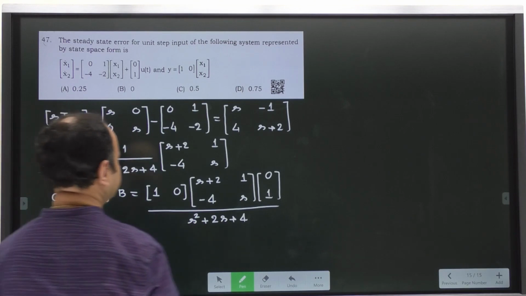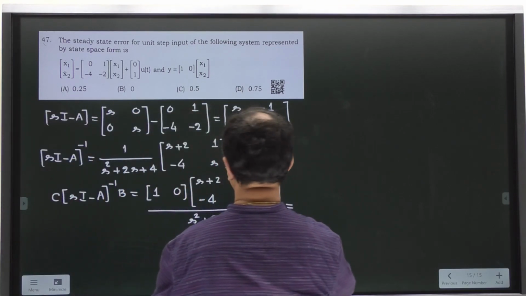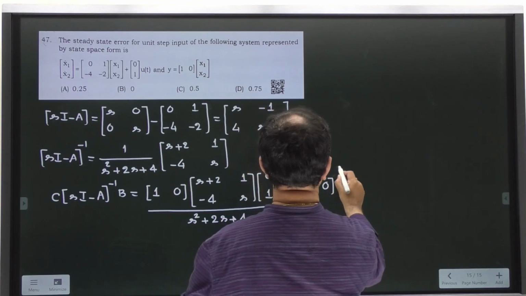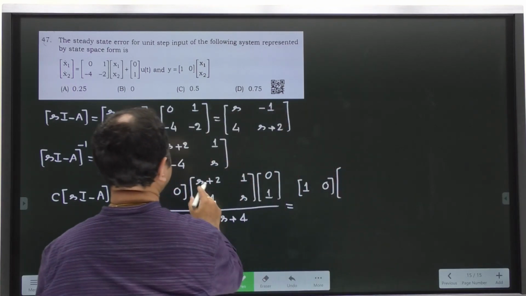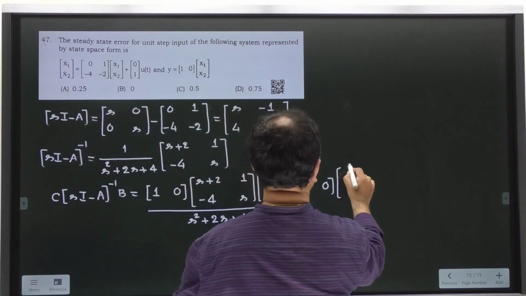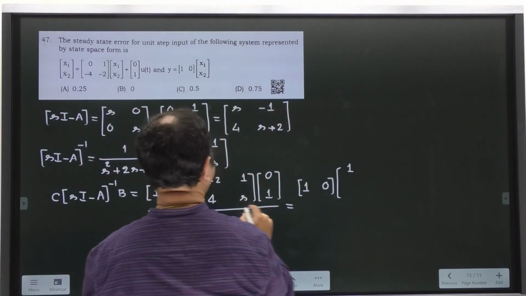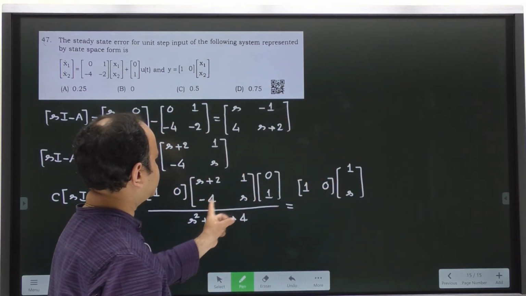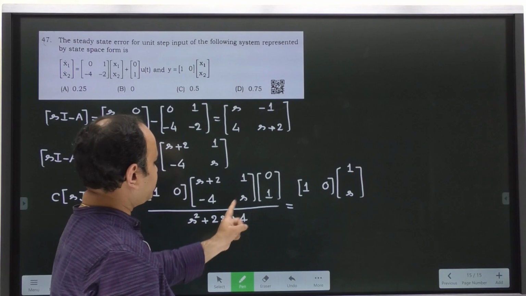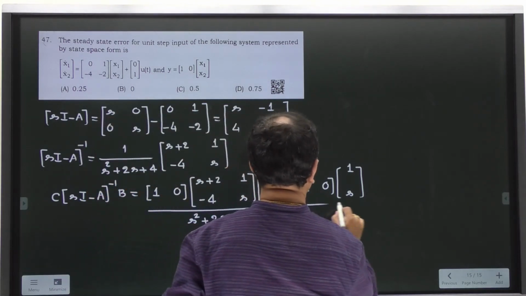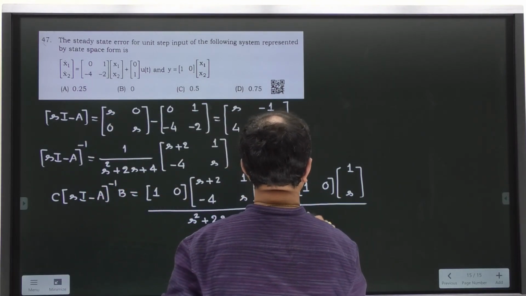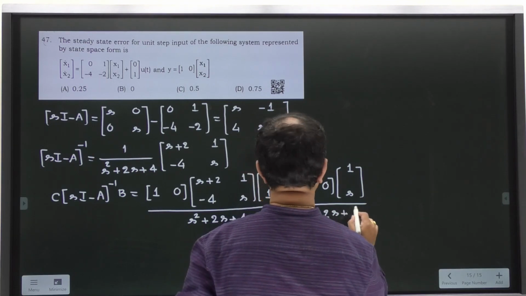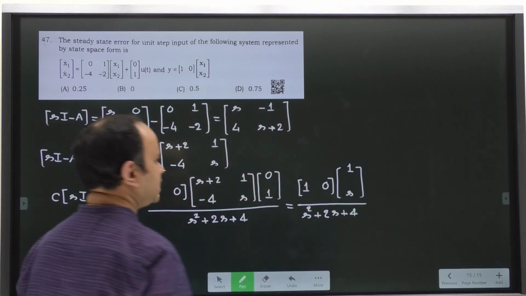Now let us multiply this one: 1 0, and here 0 into 1 gives you 1, 0 into 0 plus 1 is 1, 0 plus S into 1 will be S. Denominator S square plus 2S plus 4.